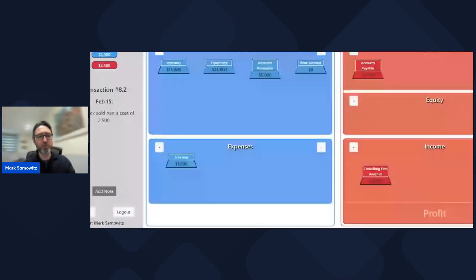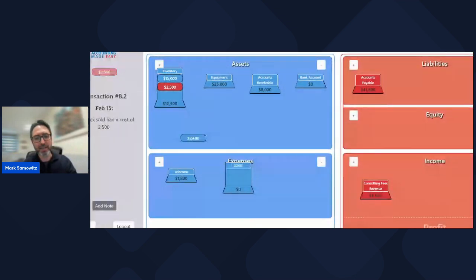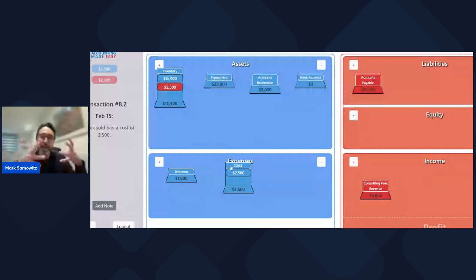We remove from inventory $2,500, and then we create an account in expenses called cost of goods sold or cost of sales, and we drop in $2,500 to show that that $2,500 has left our inventory and is now moved into cost of goods sold. Okay, as a result of having made that sale, we're no longer holding on to that inventory. That inventory has been sold, it's gone, and we record an expense. So that is cost of goods sold.